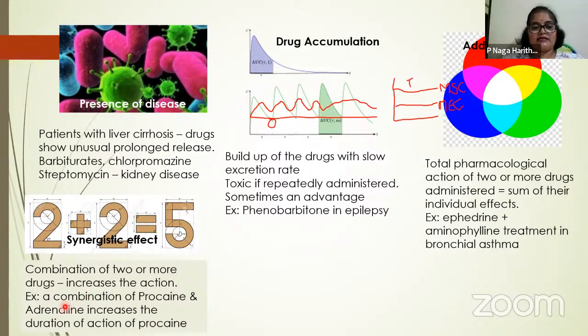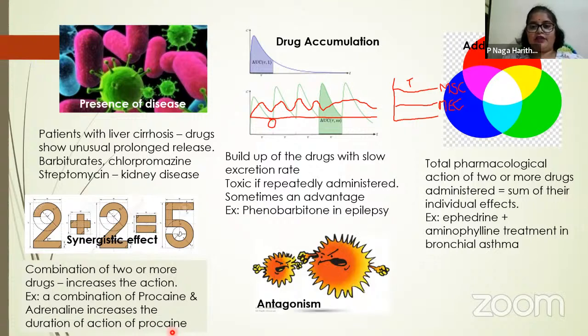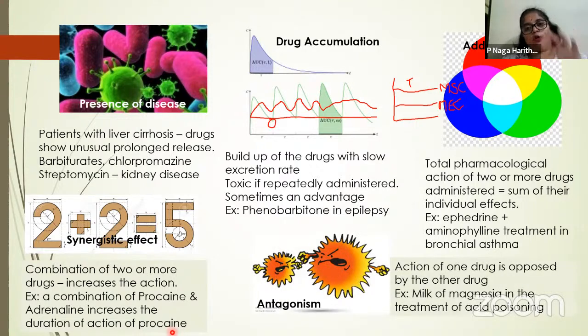Okay. So here the example is the combination of procaine and adrenaline, which is going to increase the duration of action of the procaine. And then the next factor we have is antagonism, that is opposite to synergism. If the presence of one drug is going to reduce the pharmacological action of another drug, then it is called antagonism.